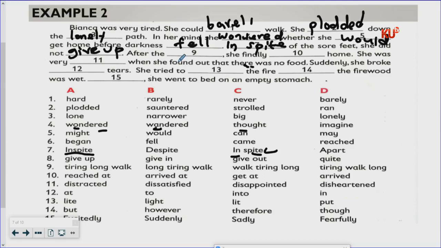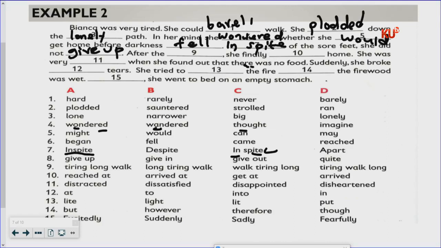After the dash, she finally dashed home. After the tiring long walk, that one is testing order of adjectives. You must know that between factual and opinion adjectives, facts come first.